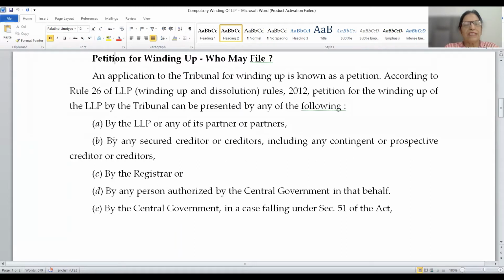According to Rule 26 of the LLP Winding Up and Dissolution Rules 2012, a petition for the winding up of the LLP by the tribunal can be presented by any of the following: the LLP or any of its partner or partners, any secured creditor or creditor, including any contingent or prospective creditor or creditors, the registrar, any person authorized by the central government in that behalf, or the central government in a case falling under Section 51 of the Act.